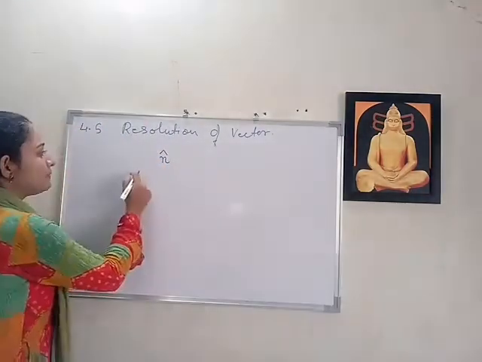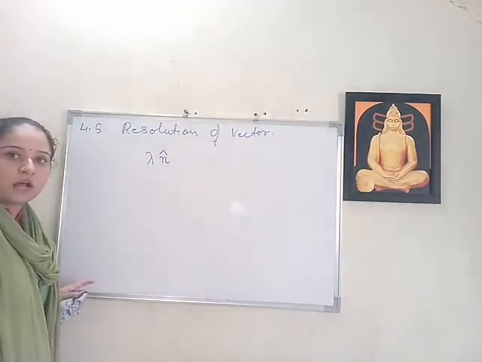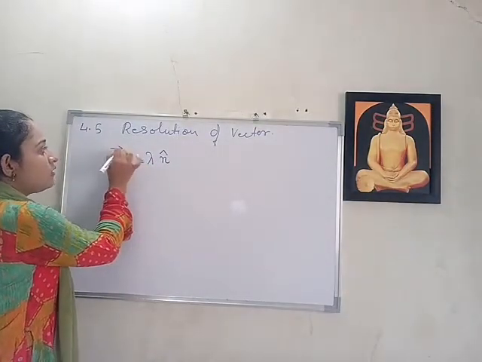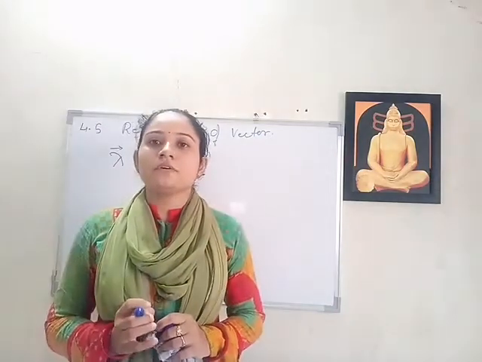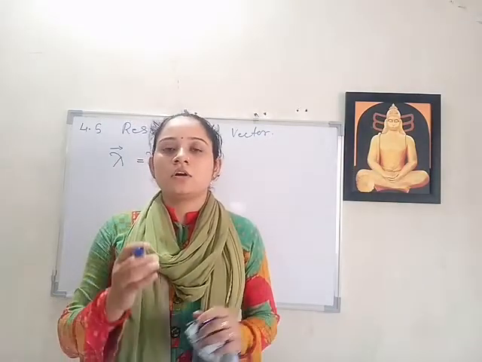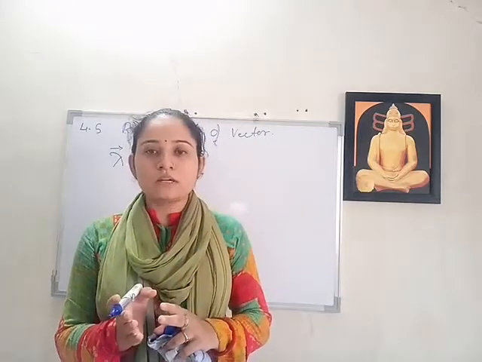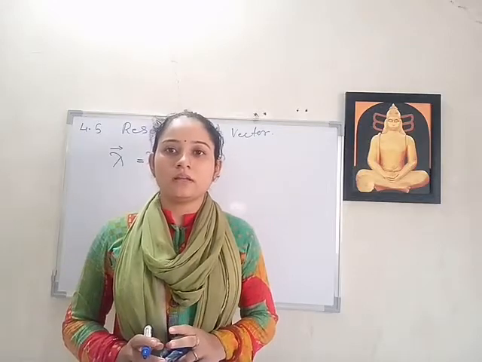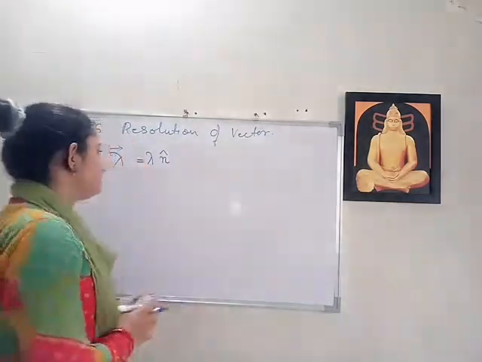So if we multiply one unit vector with, say, the real number lambda, then we have lambda n as a vector quantity. So if you multiply a scalar quantity with a vector quantity, the result will always be a vector quantity. Clear?